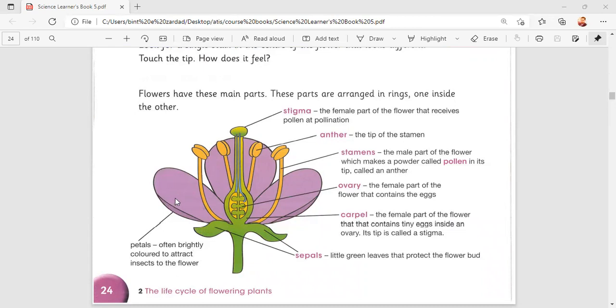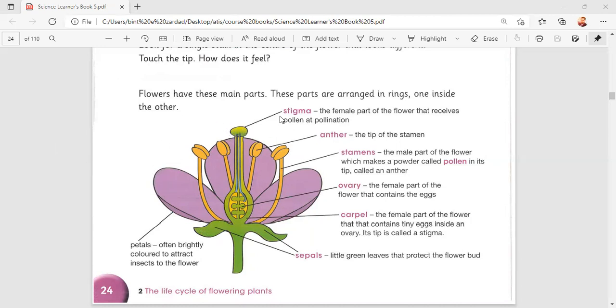Different flowers have different colors of petals. What's the job of petals? Attracting insects, animals, and humans also. Because of petals we like flowers, because they look different, beautiful and brightly colored.